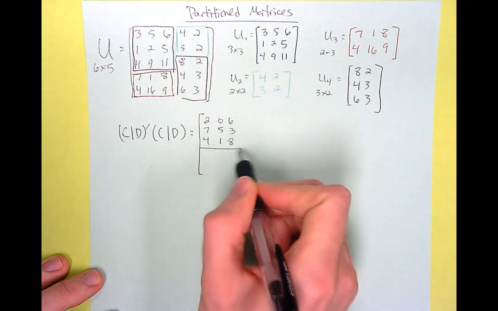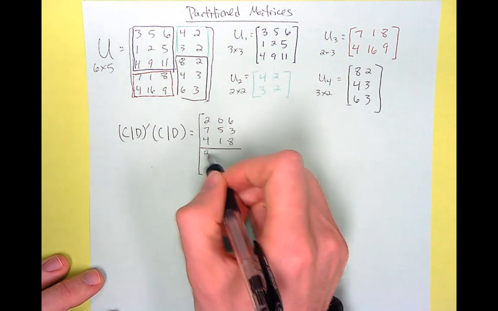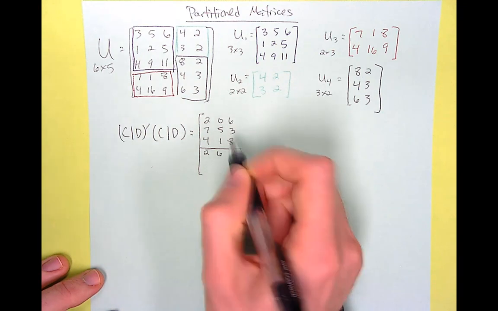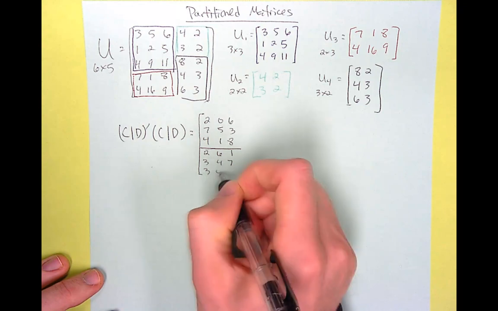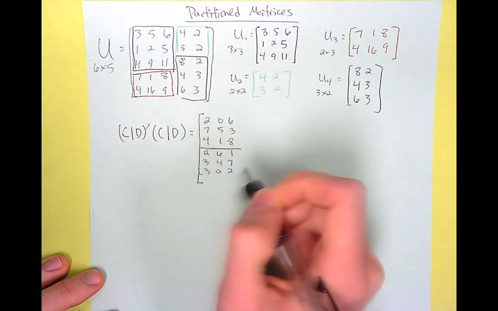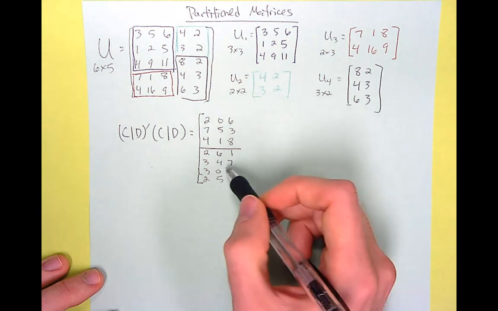And we're going to separate it: 2, 6, 1, 3, 4, 7, 3, 0, 2, and I didn't make this long enough, I'm sorry. 2, 5, 1, and this was our D matrix.